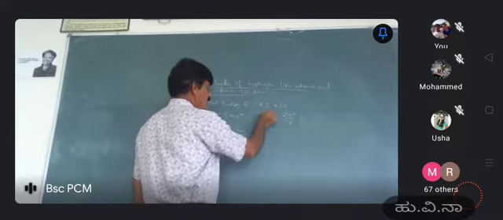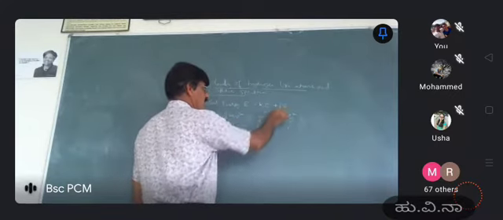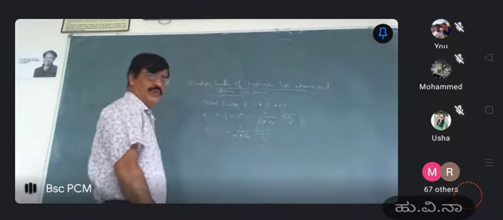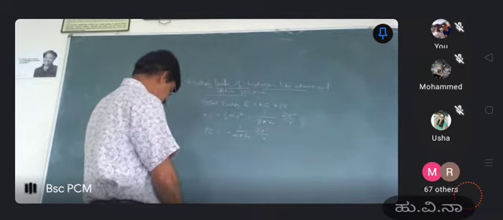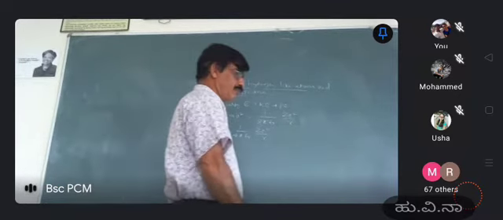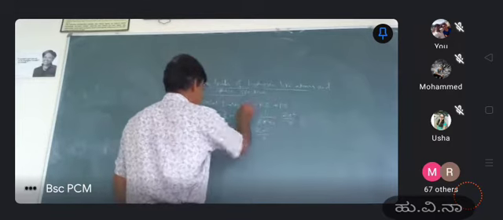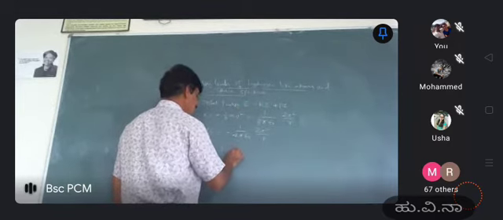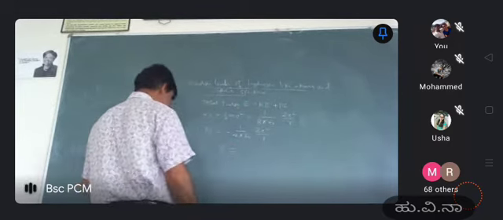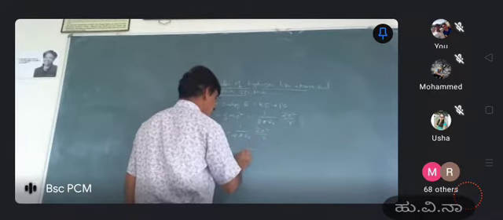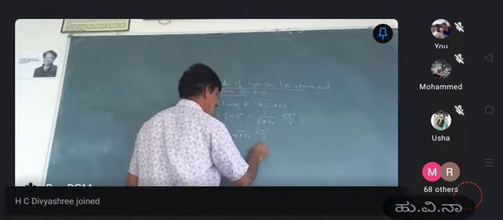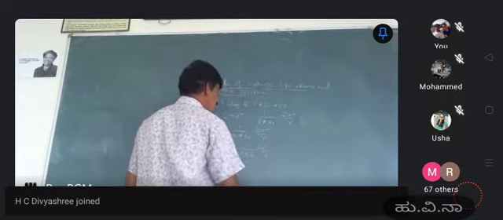Now we know the kinetic energy and also the potential energy. We must substitute the kinetic energy value here and the potential energy value here. When we substitute both, we get the final equation: E is equal to 1/8 epsilon naught, Z e squared by r.